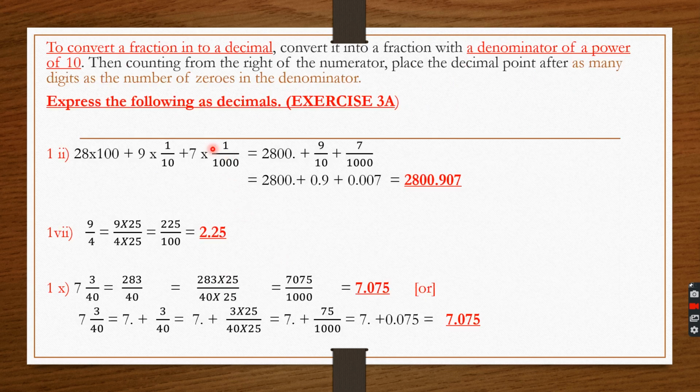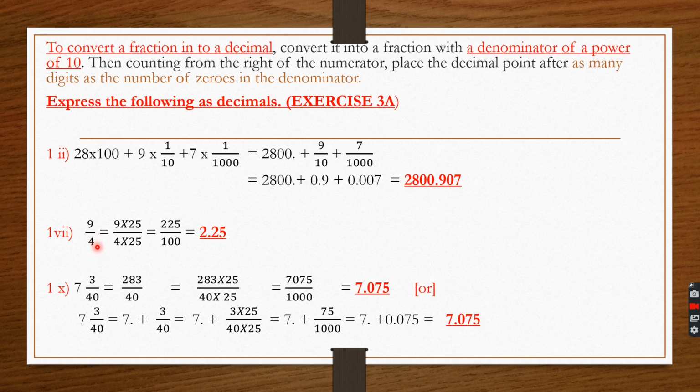Now, normally what we used to do to convert a fraction into a decimal is either you can divide in the long division form or we can convert the denominator into a multiple of 10, 100 or 1000. For example, 9 by 4.